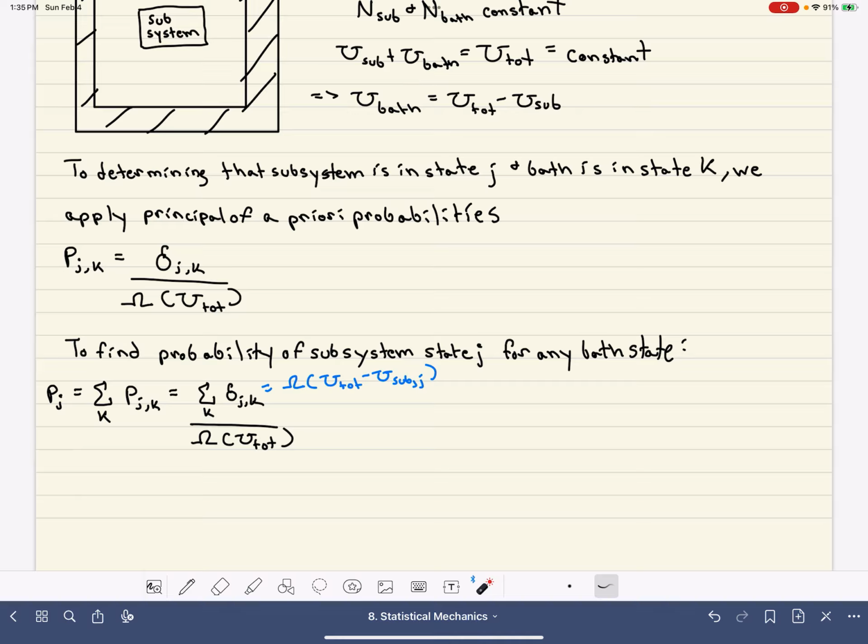And so with that, this P_j is going to be equal to this.